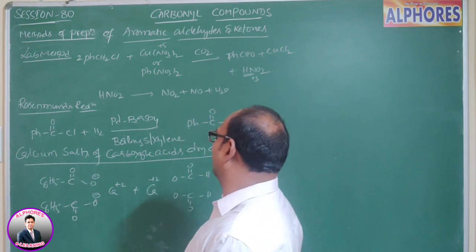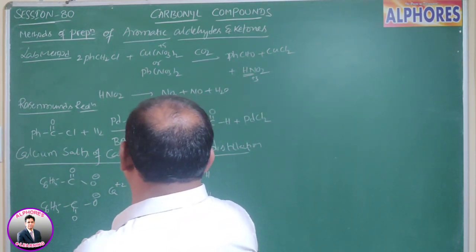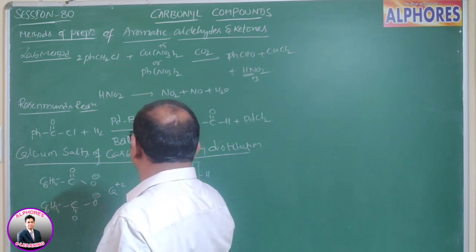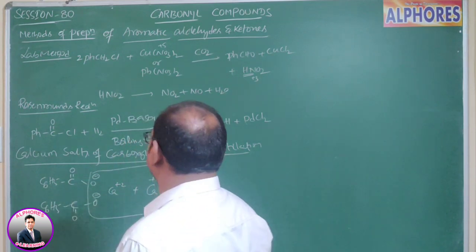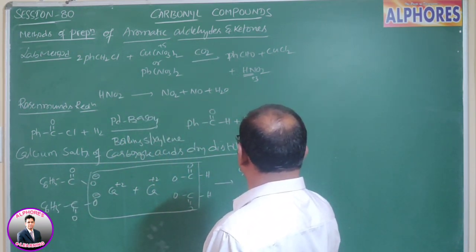Here calcium carbonate is eliminated, and what remains is C6H5CHO. So the product we get is C6H5C=OH.